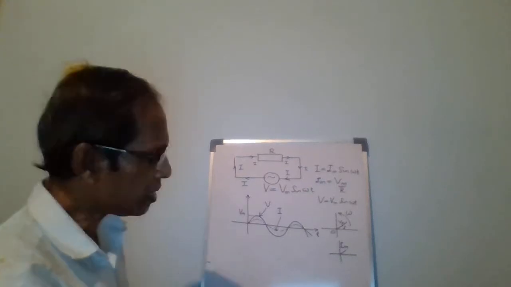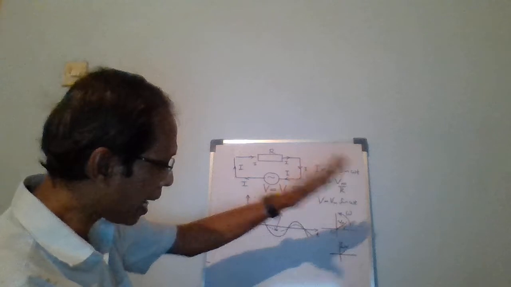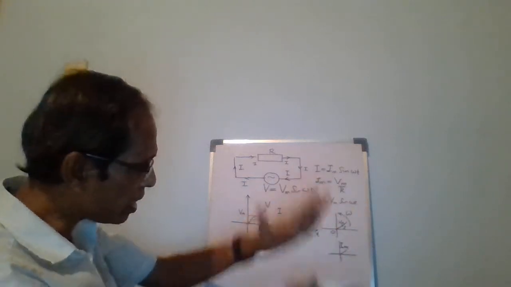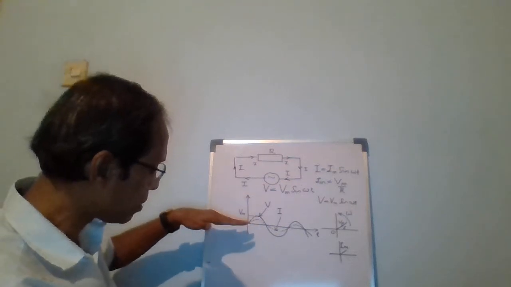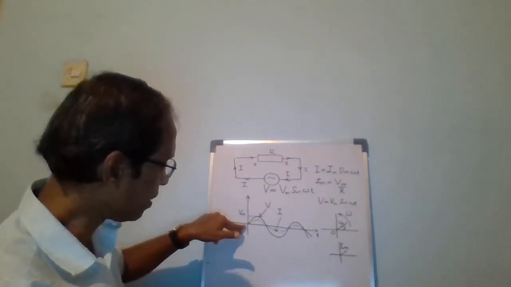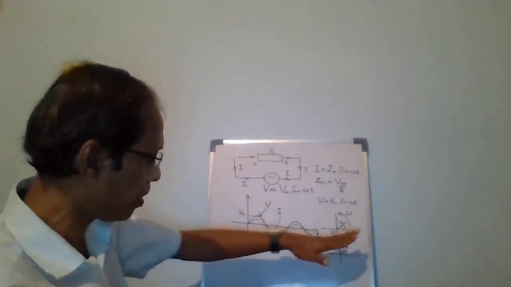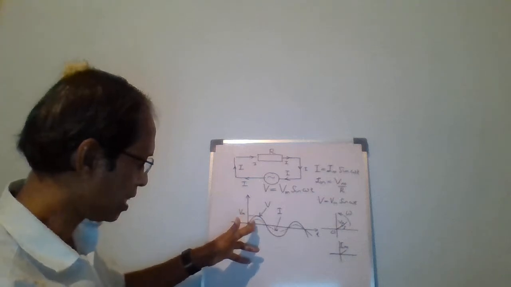Now we can think that Vm and Im can coincide together and rotate. Then we get similar values at the same time. When t equals 0, both are at 0. When both are at 90 degrees they are here, but the amplitudes are different.